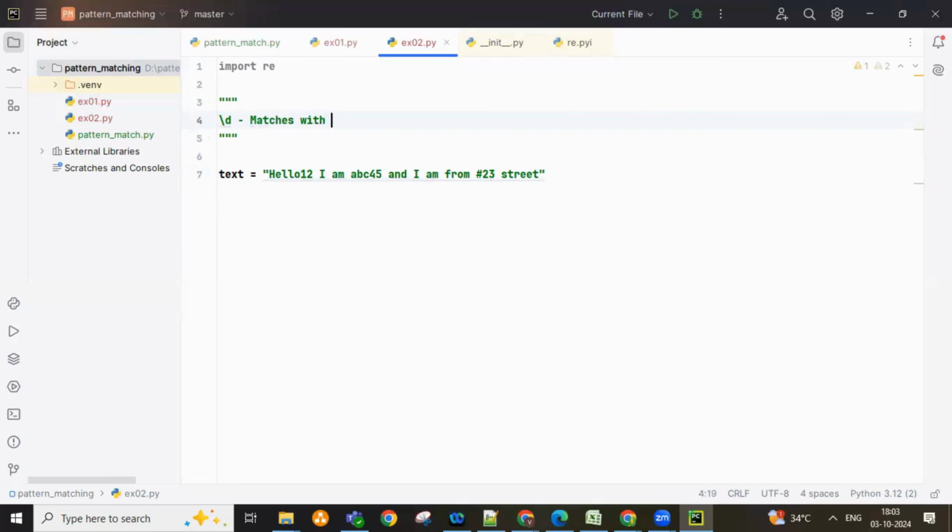It matches digit characters. Got it? So what does it really mean?